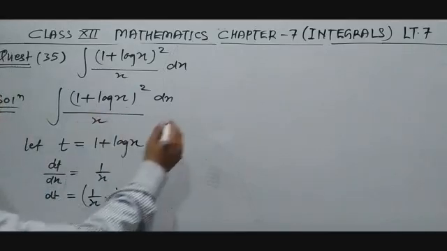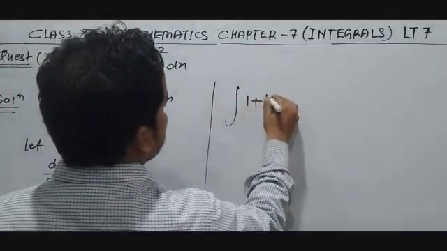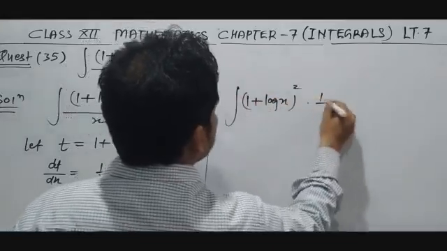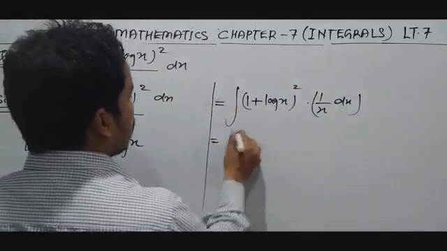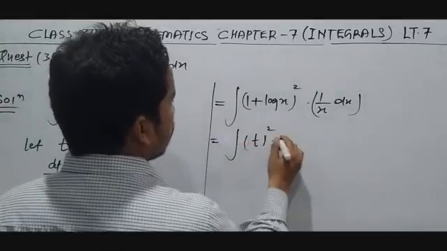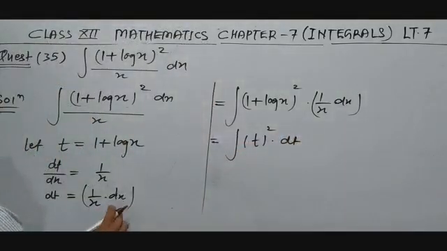And now you know this integration can be written as (1 plus log x) whole square with 1 by x dx. So its result is t square with dt, because you know 1 by x dx is dt.